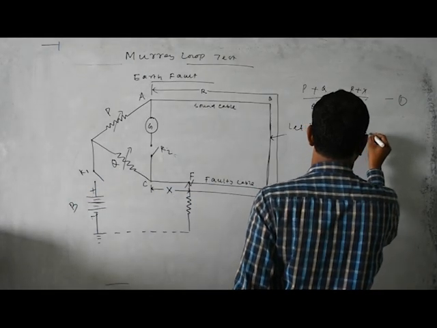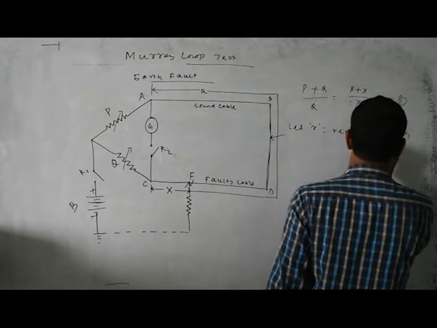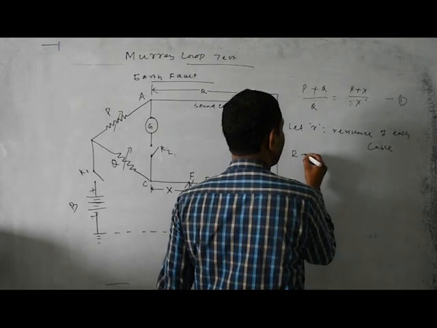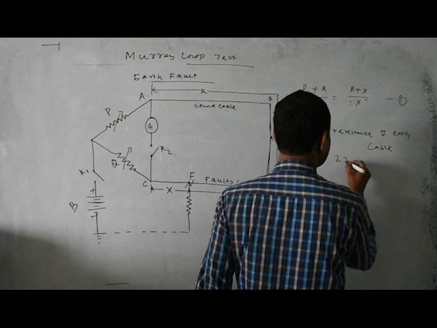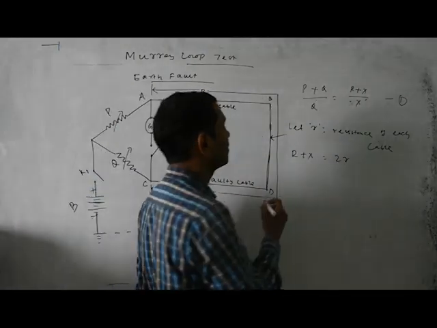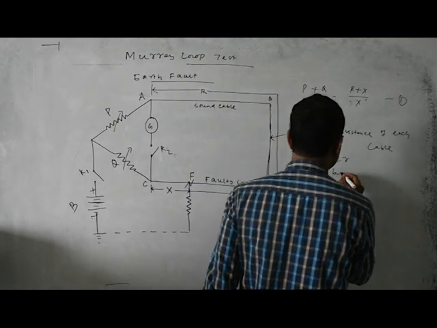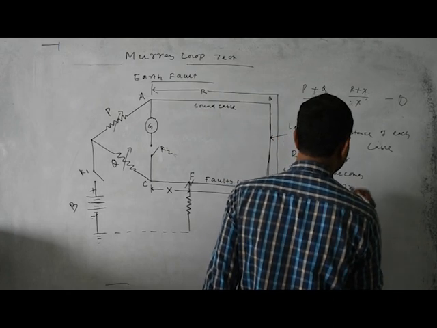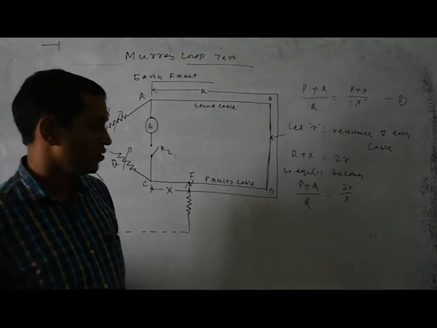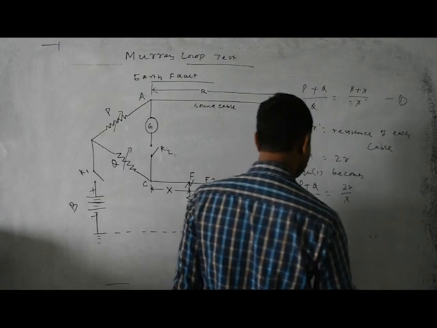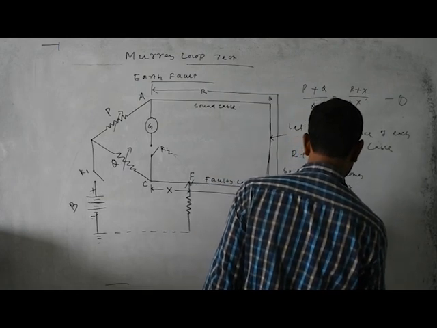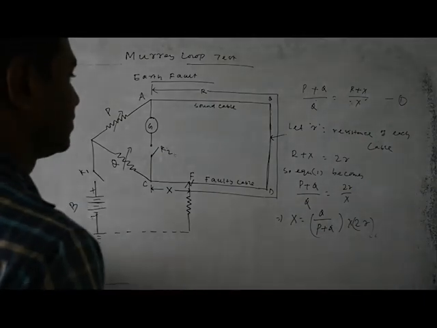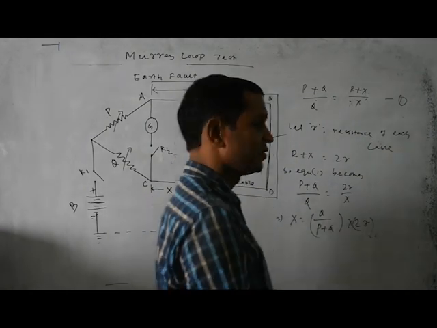So R plus X equals 2r. Now equation 1 becomes (P plus Q) by Q equals 2r by X. From this, X equals Q by (P plus Q) into 2r.